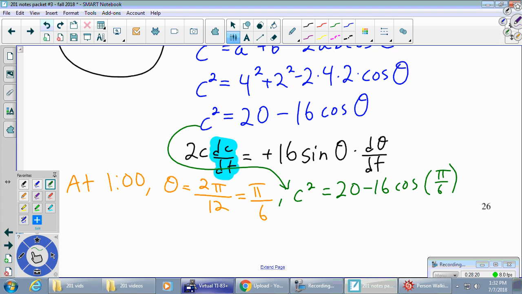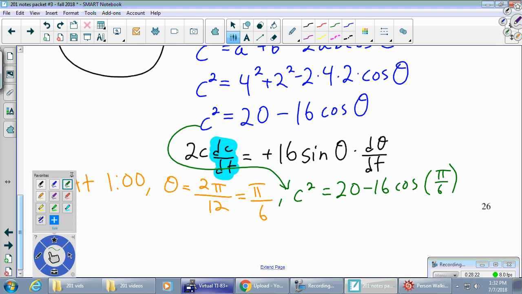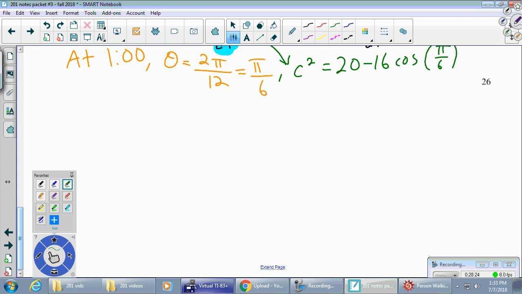Okay, so this becomes c squared equals 20 minus 16 times cosine of pi over 6, and that one is root 3 over 2.